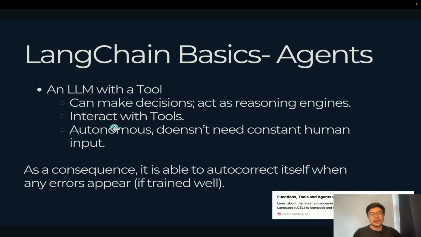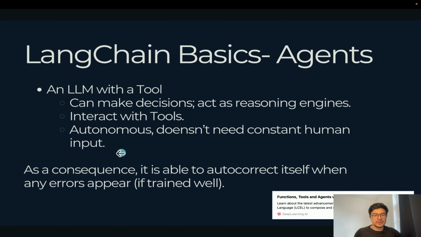So as I said, it can interact with tools. It's autonomous, so it doesn't need constant human input as you would have with a basic conversational chatbot where you're just chatting to it and it's giving you an output back, right? It's a bit more than that. You give it a task and it will achieve it without annoying you with further inputs that it needs, right?